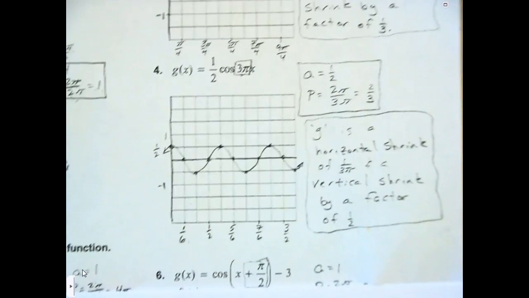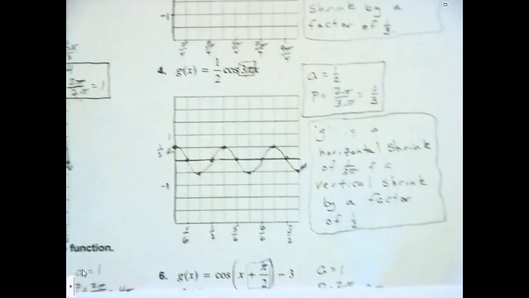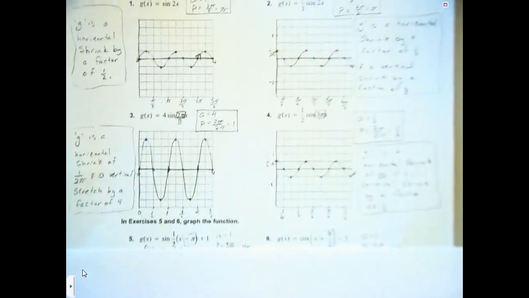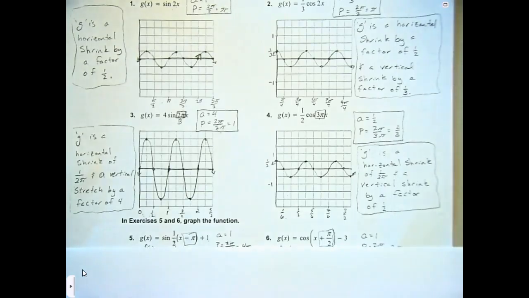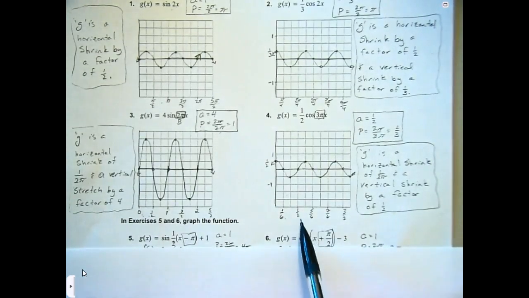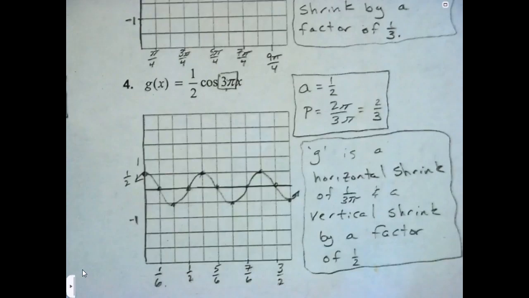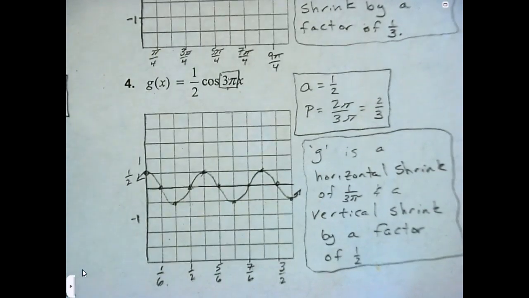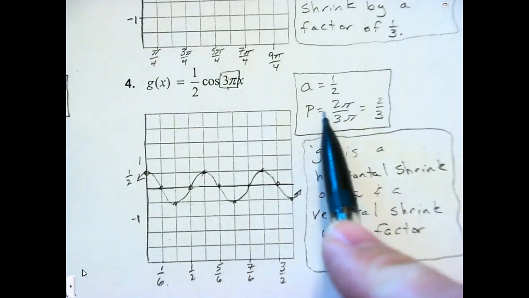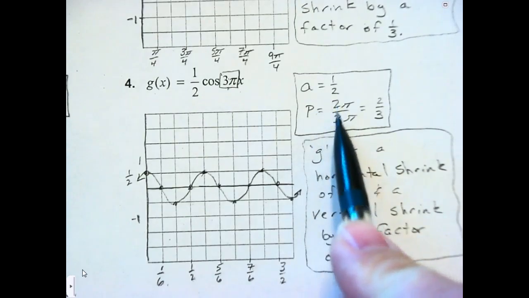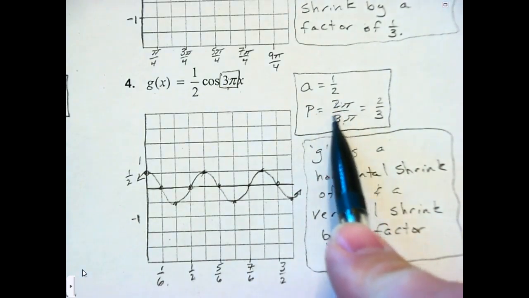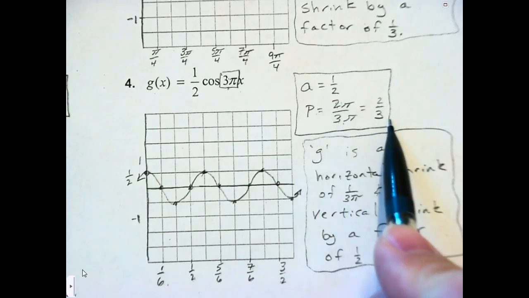All right. So are there questions on any of the 3 that we've talked about so far? Emma? Right here? Okay, so the scale on the bottom is just figuring out what your period length is. That's why we find period. So 2 pi divided by B, or in this case 2 pi divided by 3 pi, reduces to 2/3.